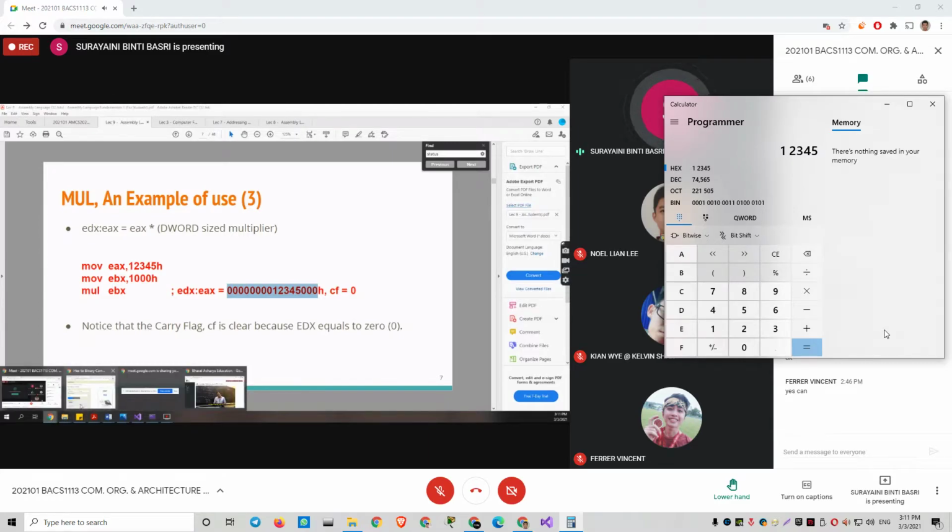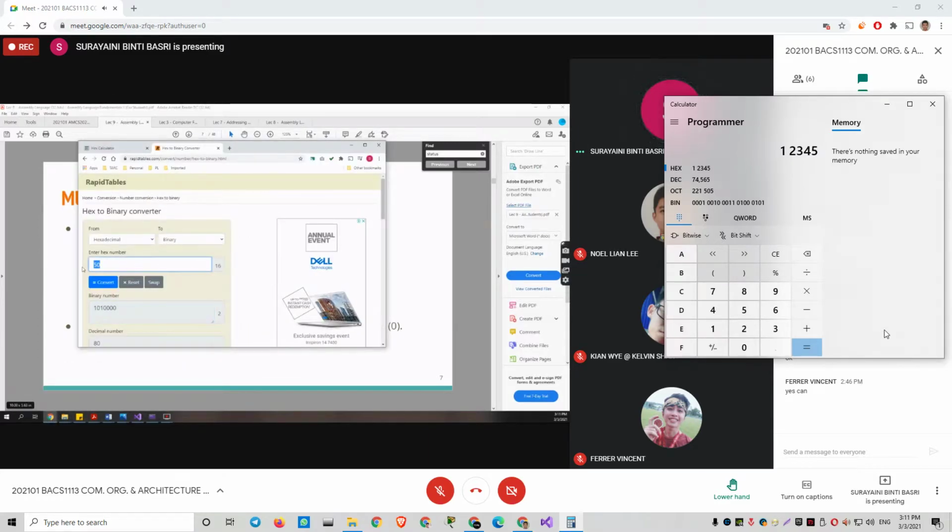Okay, so we convert this first into binary. This one is 4, and then this is 12, this is 16, okay, this is 20.